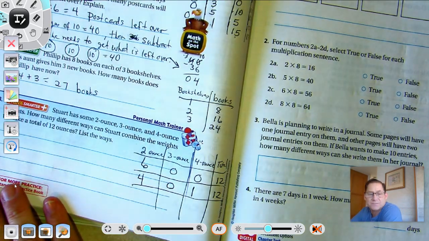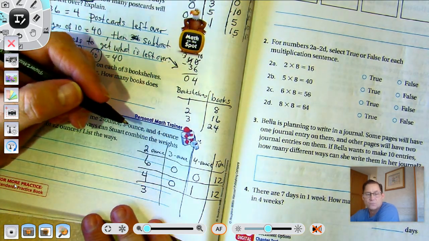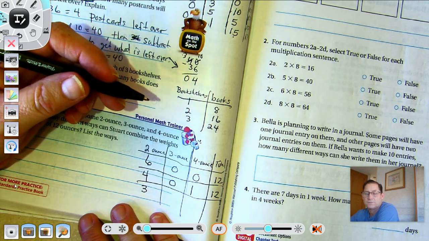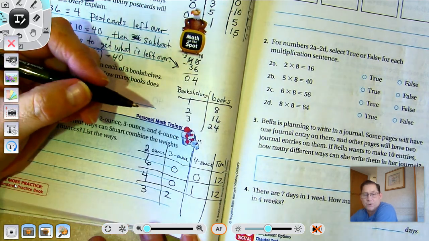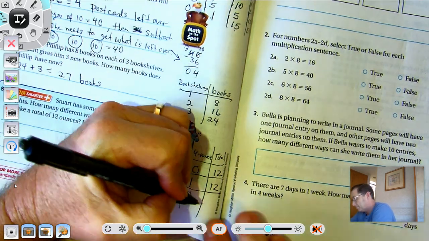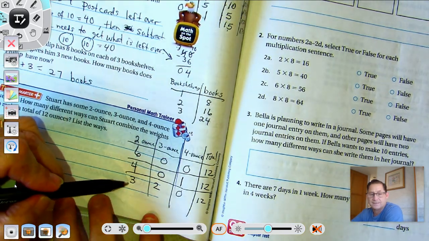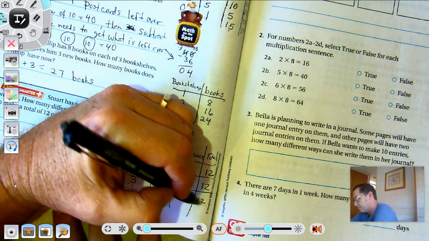3 times 2 is 6. We could do 3 2-ounce weights. That would be 6, and I'd have to have 6 more ounces. Well, I could get that with 2 3-ounce weights. 6 plus 6 is 12. All right.